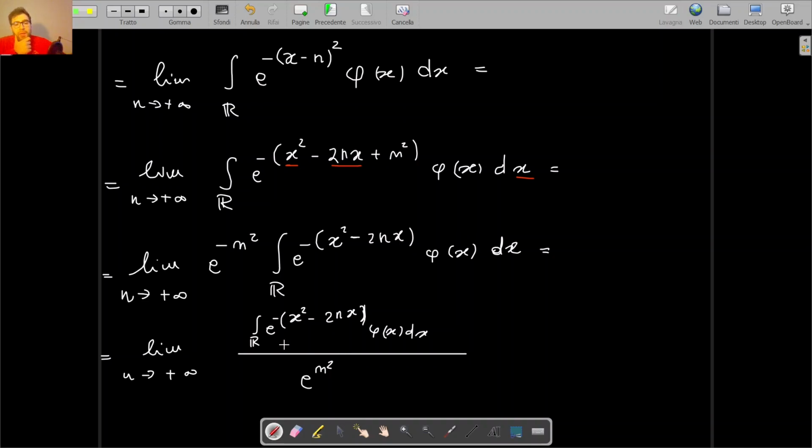So in the numerator we have an integral, and the integrand function is composed by the product between a test function, and we know that test functions are 0 outside of a finite interval, which is also a closed interval, so this is their definition, and we have that e raised to minus (x squared minus 2nx) is a function that tends to 0 pretty fast when x tends to asymptotically large values.